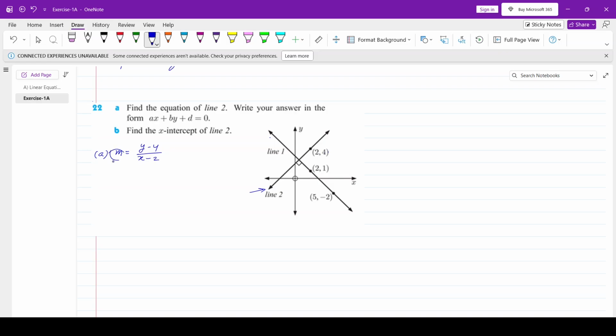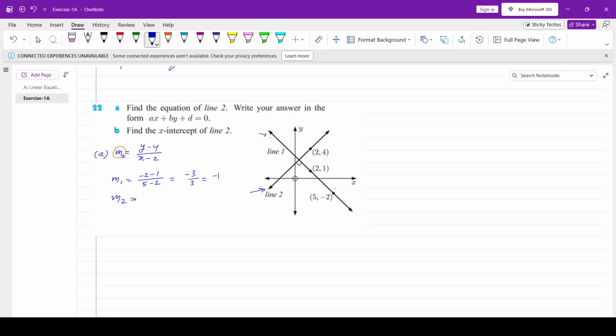Now we do not have the value of this m. This m can be calculated from the m of this equation. Suppose this is m2, and m1 is for line 1, and m1 is minus 2 minus 1 divided by 5 minus 2, which is minus 3 divided by 3, which is minus 1.